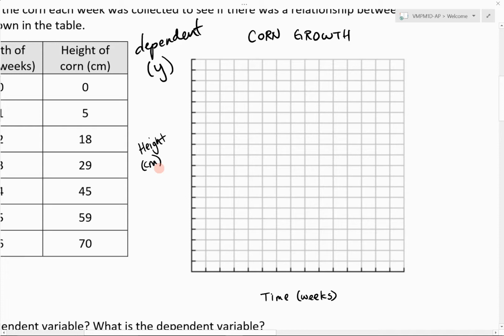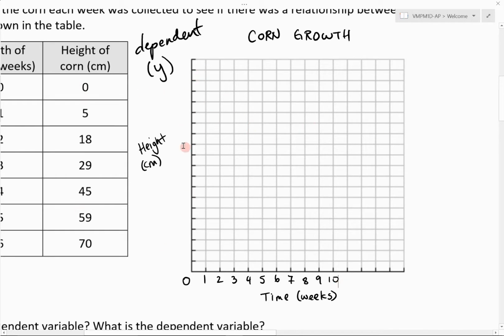Now you have to create a scale. Now if my number of weeks goes from 0 to 6, well, I start from 0. It makes sense. Maybe I can make every square equal to 1 week. So 1, 2, 3, 4, 5, 6. And I know I'm left with more space, but sometimes maybe we need to make predictions, so I can extend that as well to higher numbers. Now the height goes from 0 all the way to 70.